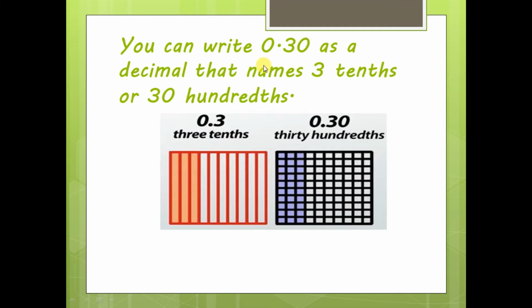So 0.30 equals 0.3, which means 3 tenths or 30 hundredths. So you color 3 pieces out of 10. It is the same if you color 30 pieces out of 100. It is the same value here.